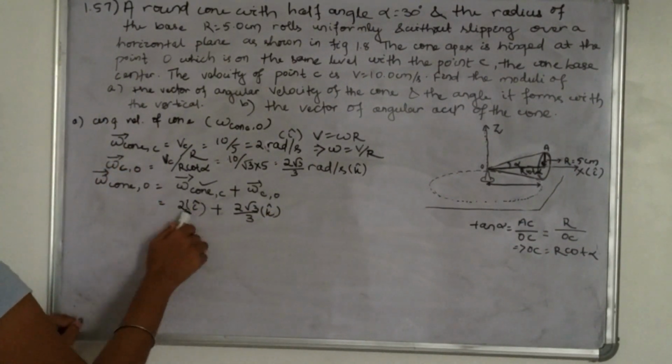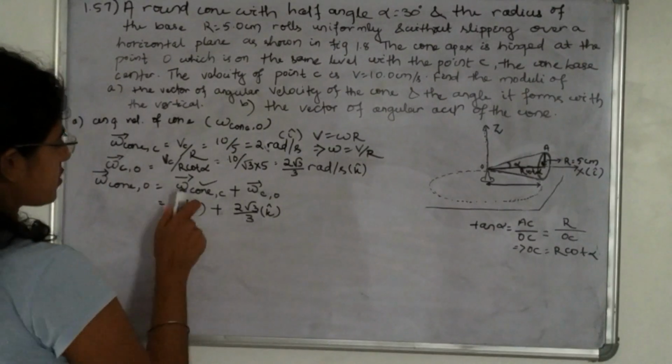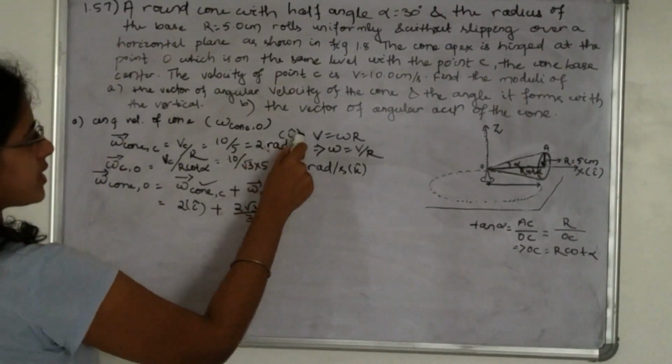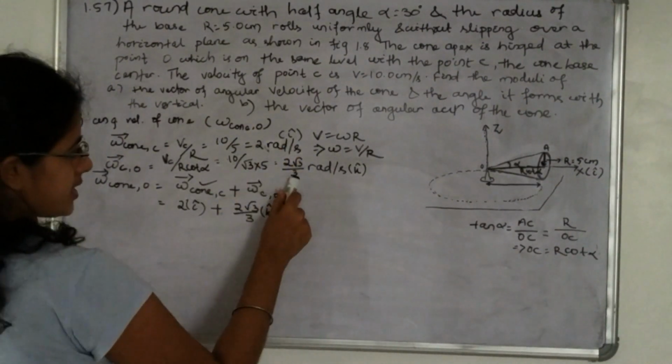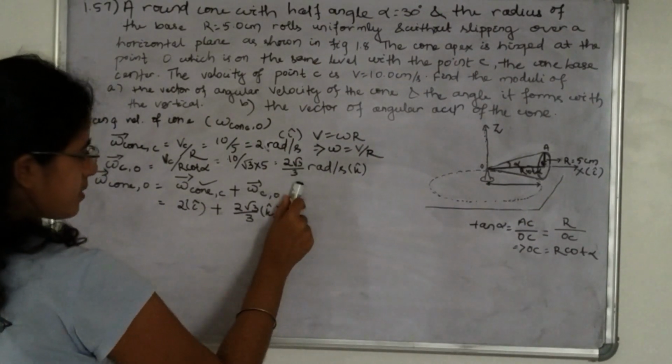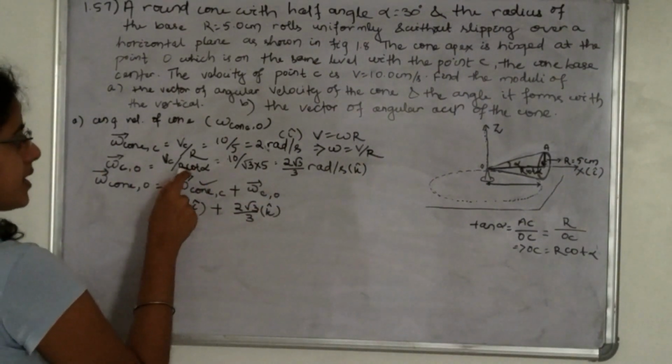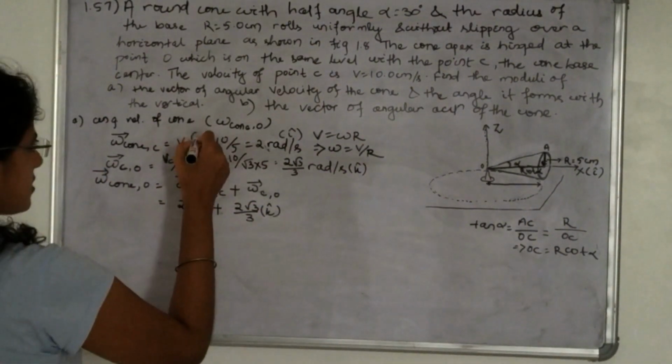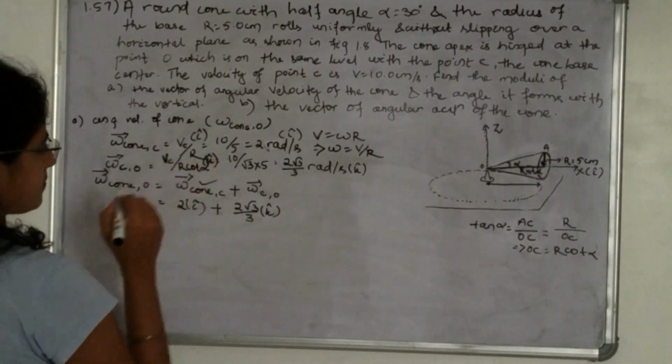A vector has magnitude and direction, we know. So this vector has magnitude 2 and direction along I cap. Similarly, this has magnitude 2 root 3 divided by 3, or Vc divided by R cot alpha. So this is I cap, K cap.